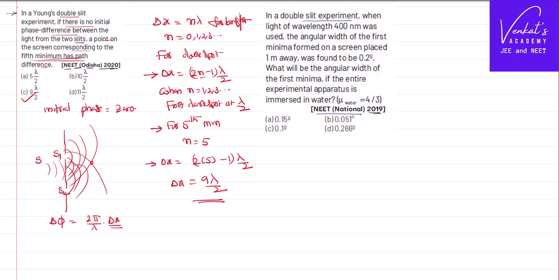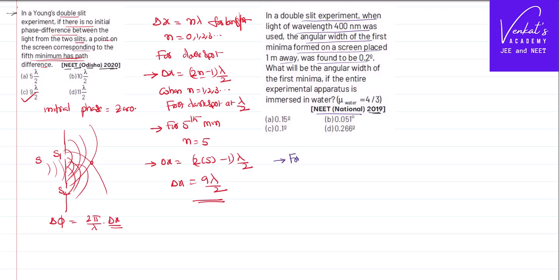In a double slit experiment, that is Young's double slit experiment, when a light of wavelength 400 nanometer is used, angular width of the first minima formed on the screen 1 meter away was found to be 0.2 degree. So what is angular width? We need to know.